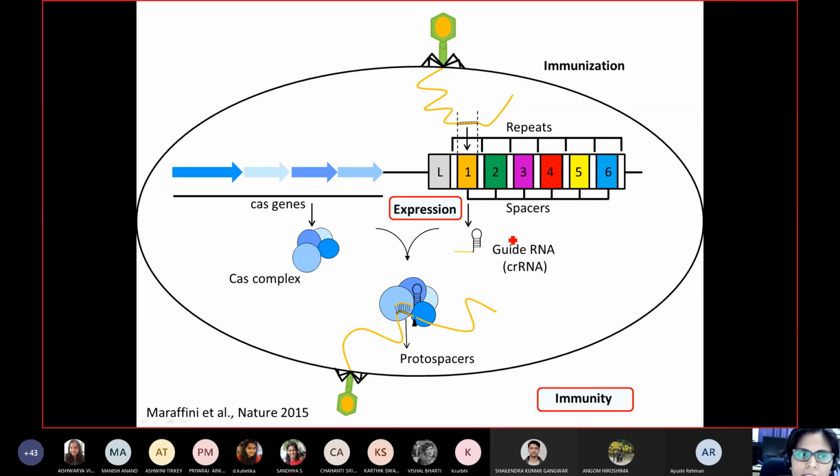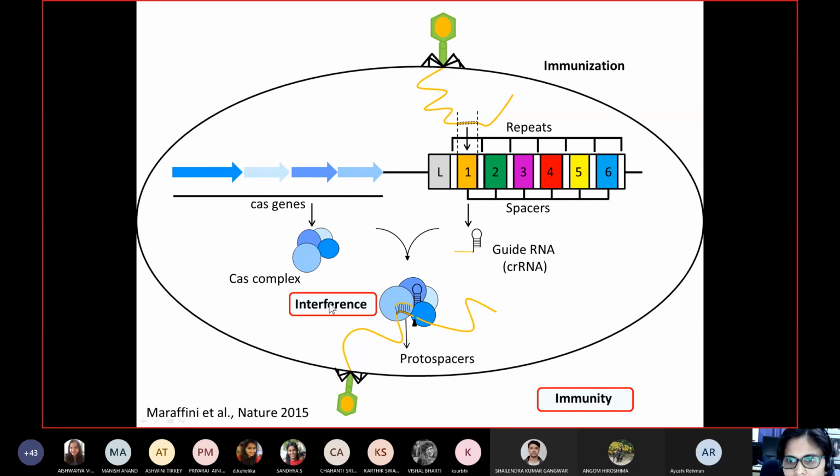And finally, you have the step called interference. In this interference stage, the guide RNA that has spacer sequences and has strong complementarity to the infective phage brings Cas proteins to start cleavage and degrade the invader, so the cleavage actually happens, right? So is this clear?